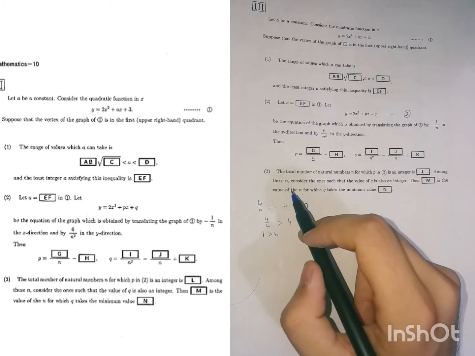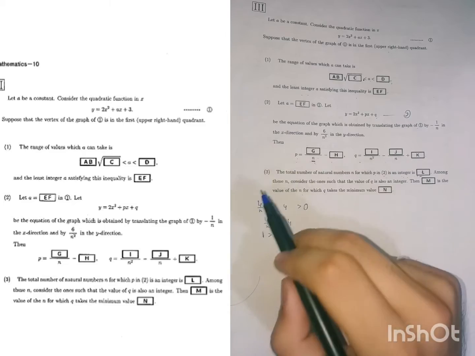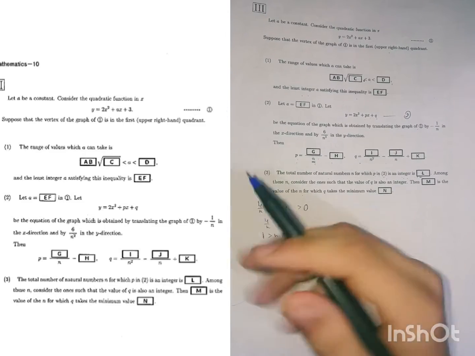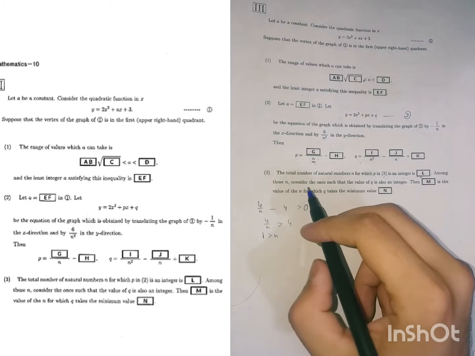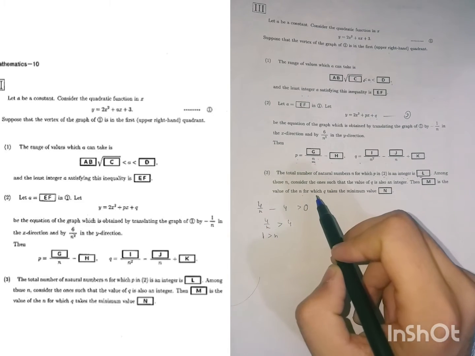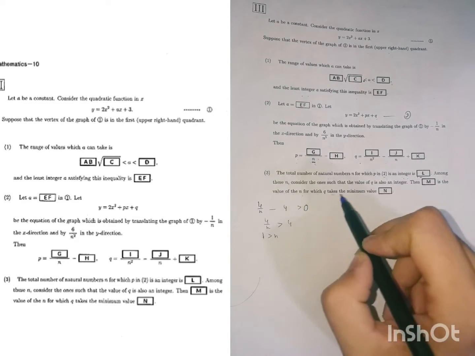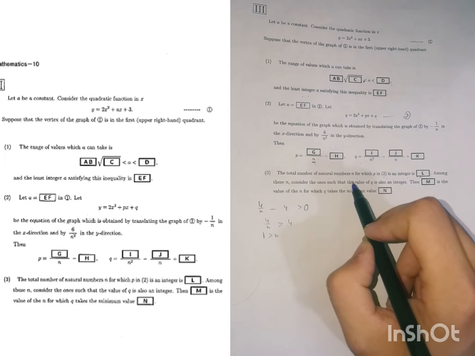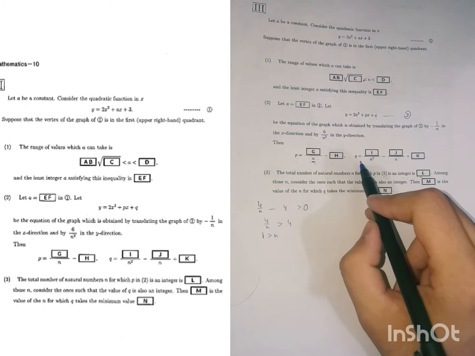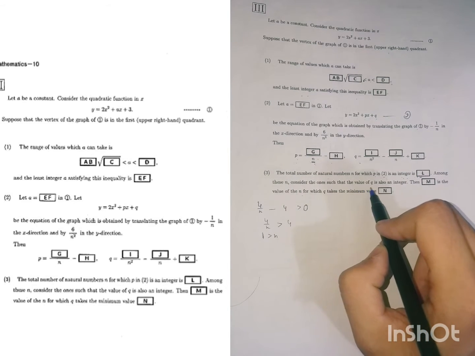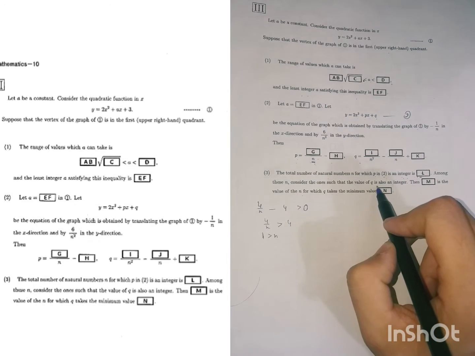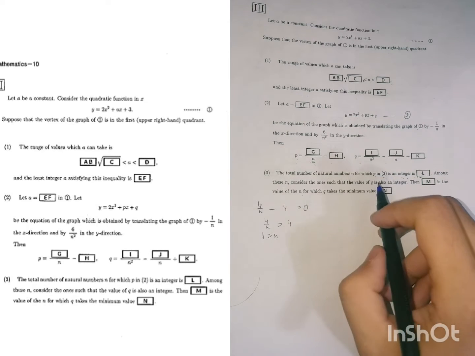Among these n, suppose the natural numbers come out to be 4 or 3. From those natural numbers which we have got, now we'll put their values in q to get q an integer. Consider those n such that the value of q is also an integer.